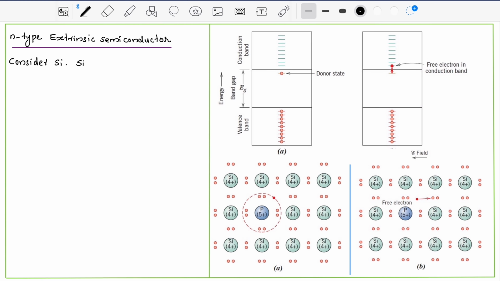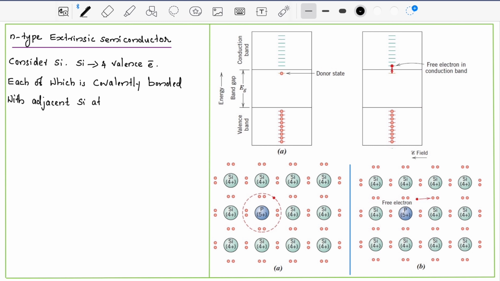Silicon has 4 valence electrons, each of which is covalently bonded with adjacent silicon atoms, like this one.